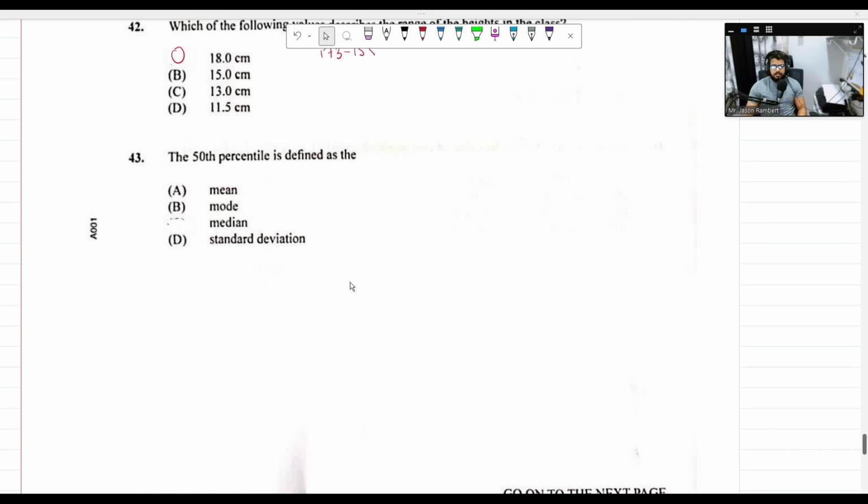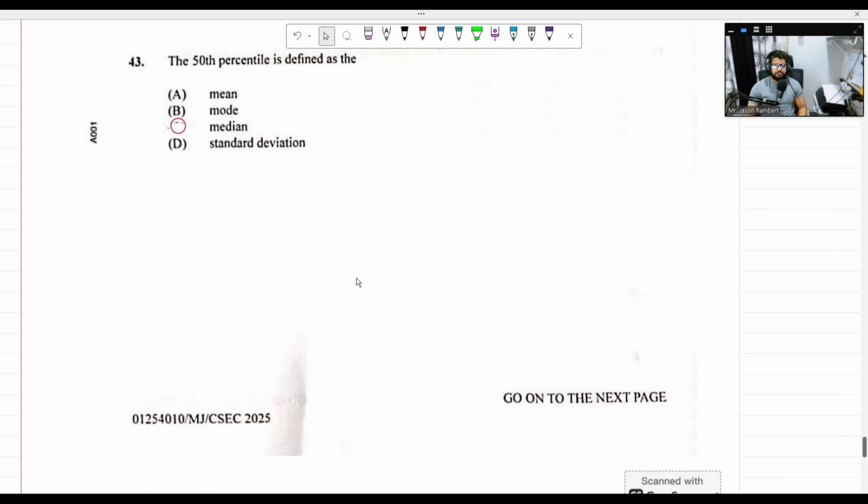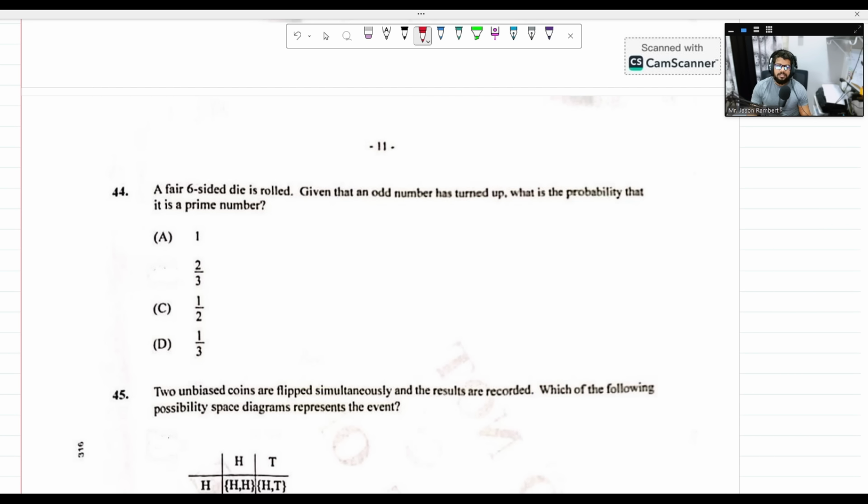Alright, so the 50th percentile is defined as the middle, that's the median. A fair six-sided die is rolled. Given that an odd number has turned up, what's the probability that it is a prime number? Now, the total number of possible outcomes for a six-sided die is 6. But now that they specify that an odd number has turned up, our sample space changes to the odd numbers, because they're asking, out of the odd numbers that turned up, which is prime.